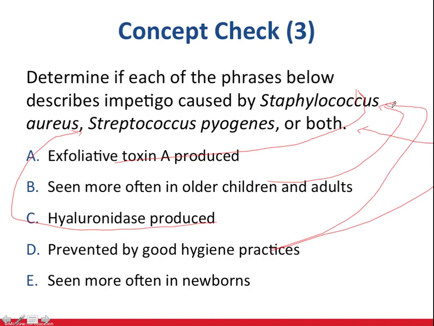If we wash our hands often, it can decrease those bacteria colony numbers, and decrease the chance for this disease. Seen often in the newborn: in the newborn it is actually Streptococcus pyogenes.